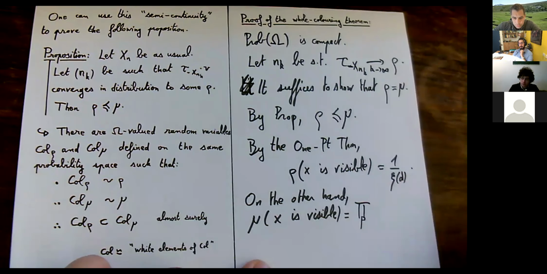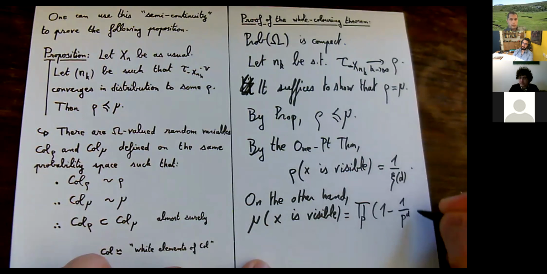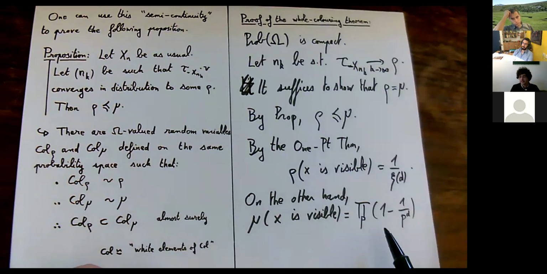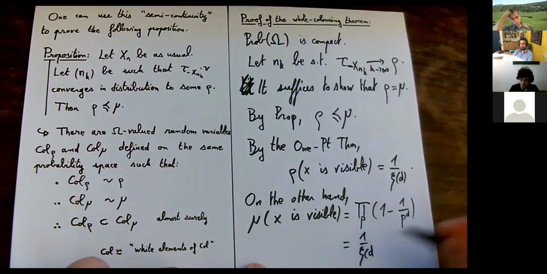And the probability to be hidden in the p layer is 1 over p to the d. We need to select the bad congruence. So the probability not to be hidden is 1 minus 1 over p to the d. And this is equal to 1 over zeta d by the Euler product formula.